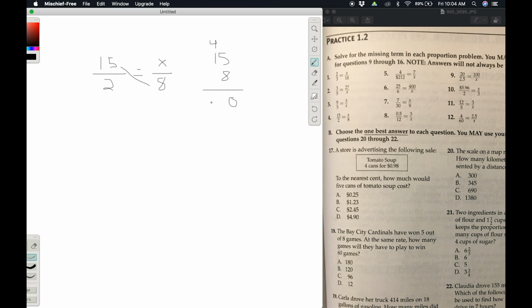Plus 4 is 12. So we have 120. So now we have to divide this way, okay? Take the product of 15 times 8 and divide it by 2. So the product was, sorry, not the product, the sum.